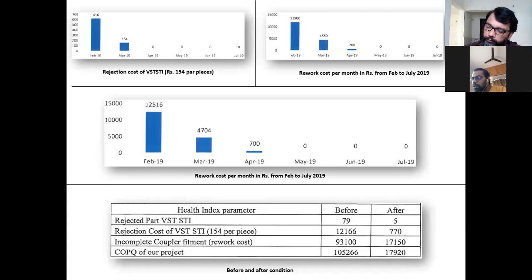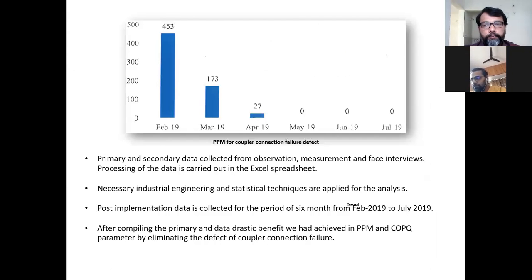The rejection of this product was 79 before, and now it has come to 5 after our recommendations. The rejection cost of this part, if you consider the cost per piece as 154 rupees, was 12,166 rupees before. Now it comes to 770.